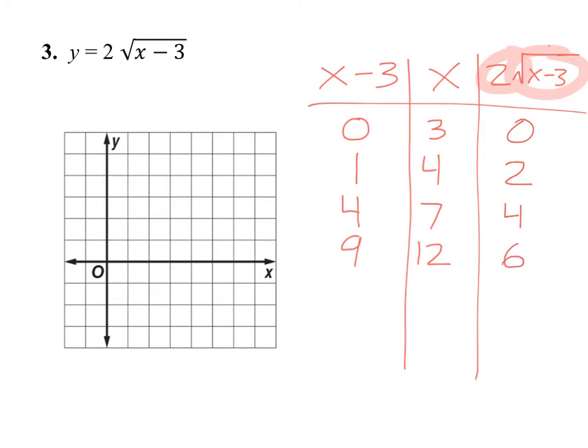So now we're going to graph just these points. First point is 3, 0. Next point is 4, 2. Then 7, 4. And 9, 6 won't fit.